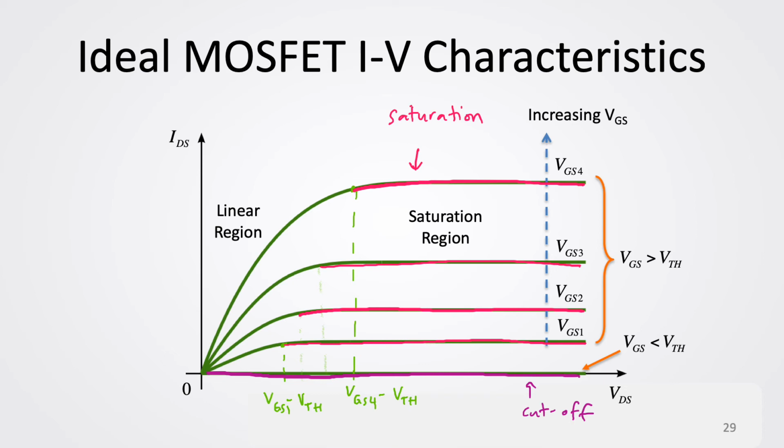So, if you notice here, as VGS changes, nagbabago yung boundary na yon. Unlike in BJTs, na ang boundary lang natin is VCE SAT na 0.2 constant. Here, for MOSFETs, let's say if you have VGS1, ito yung VGS1 minus VTH. Okay, you can look at it sa x-axis. Sa VGS4, nag-move yung ating VGS4 minus VTH.